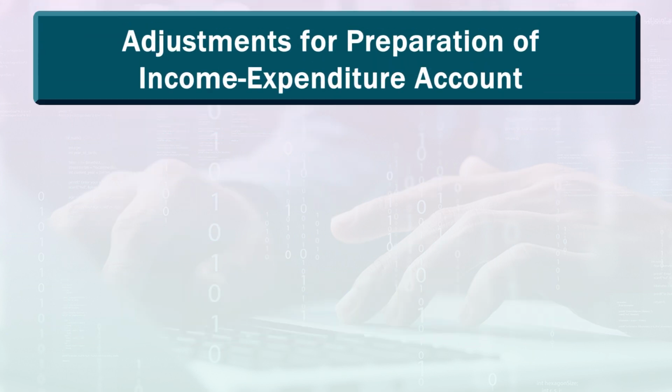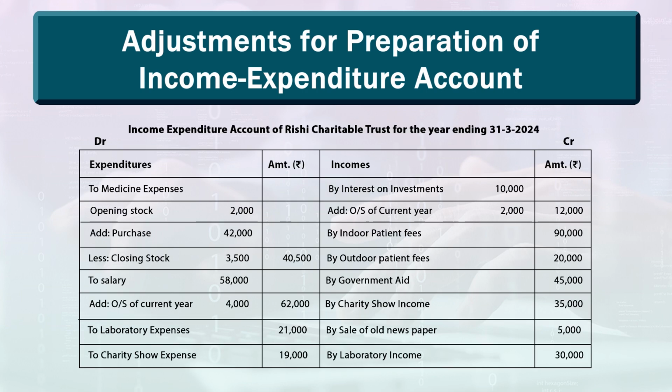We will commence with adjustments for preparation of income expenditure account. Income expenditure account of Rishi Charitable Trust for year ending 31/3/2024. We will begin with the expenditure side. The first entry is medicine expenses.